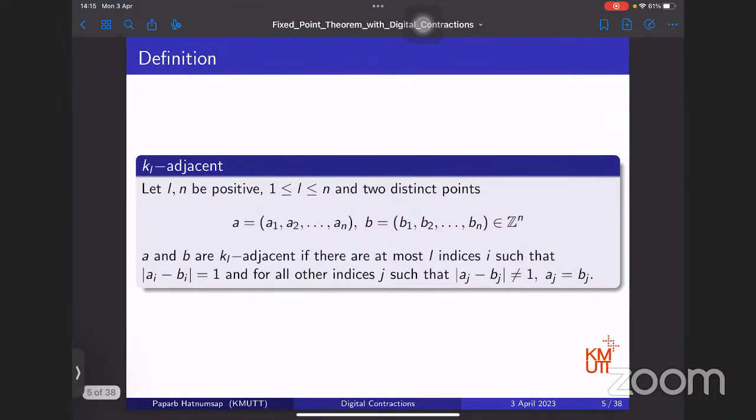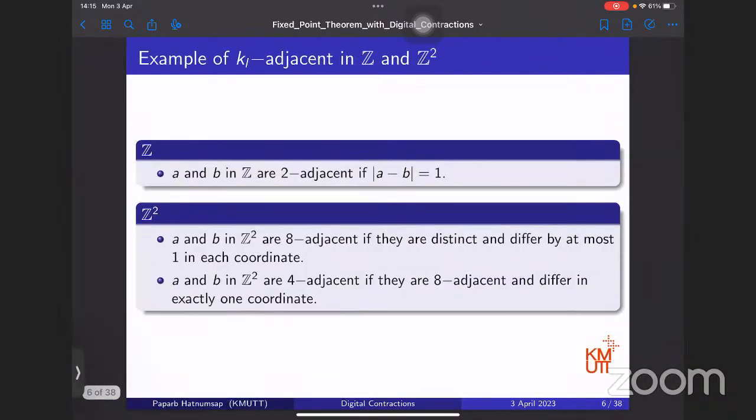I think the definition is like this, so I have some examples. A and B in the set of integers are 2-adjacent if the absolute value of a minus b is equal to 1. A and B are 8-adjacent if they are distinct and differ by at most 1 in each coordinate. And 4-adjacent if they are 8-adjacent and differ in exactly one coordinate.